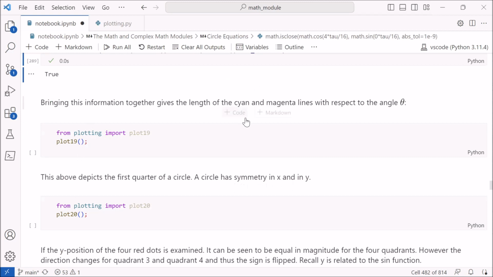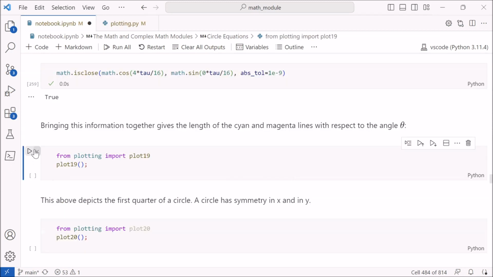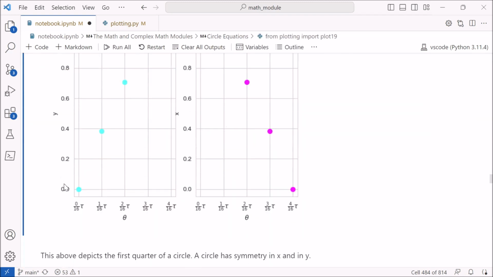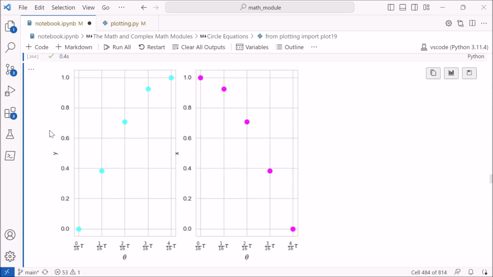So if we bring this information together, we can have a look at the length of the sine and magenta lines with respect to the angle theta. So here we see the value of the opposite side of the triangle as the angle increases.